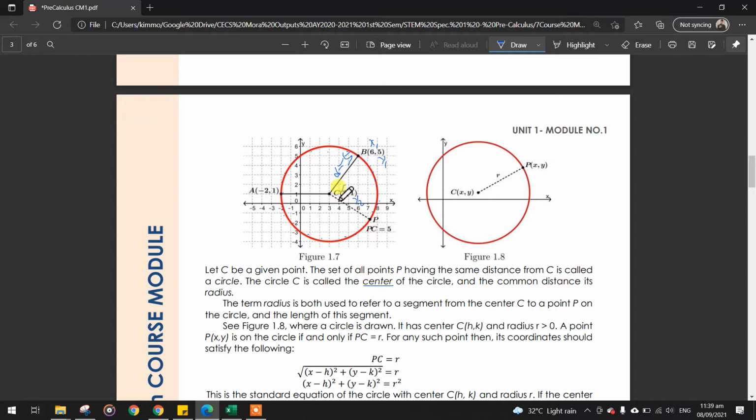And the common distance from our center going to any point on the circle is what we call the radius.